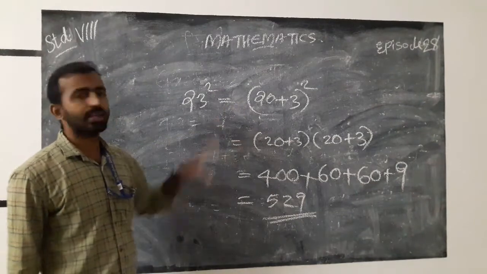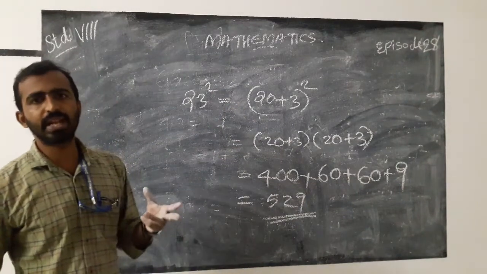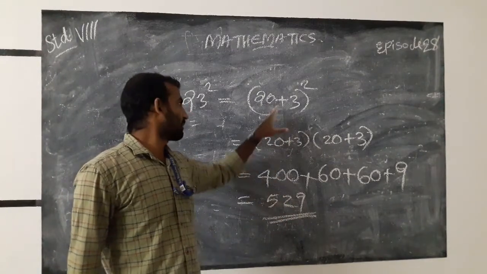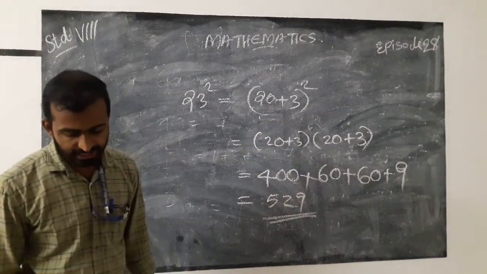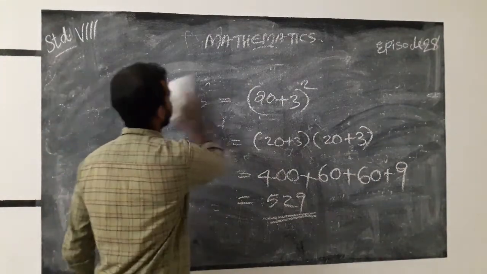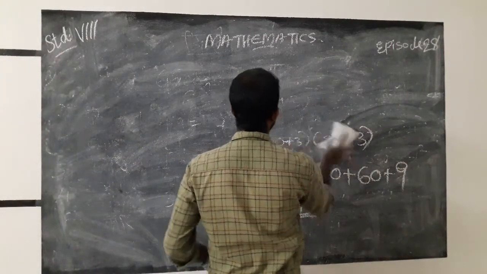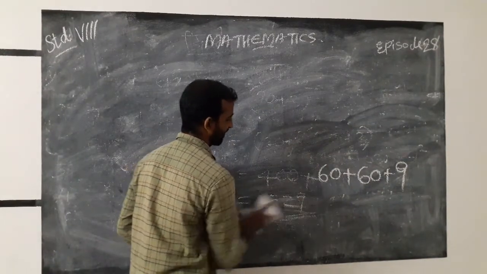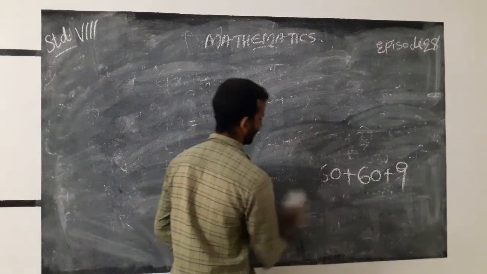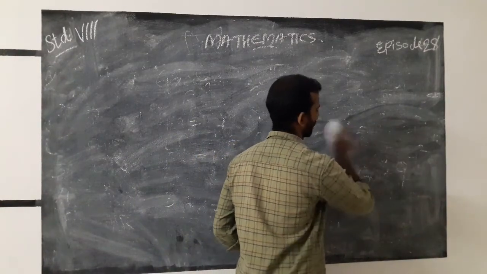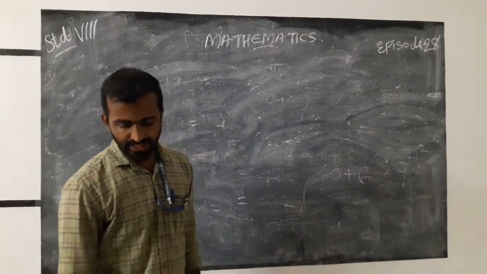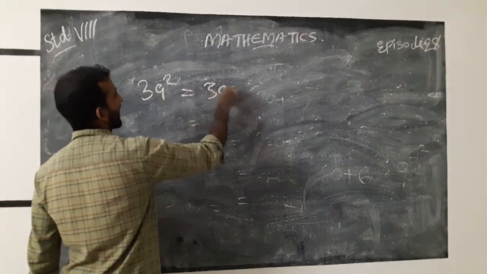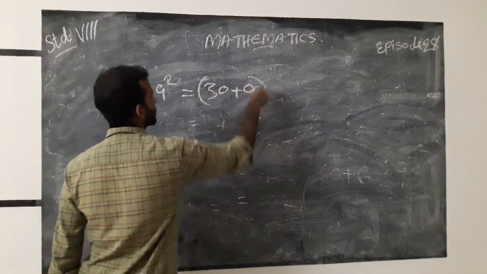That is, when we get the numbers, we split the numbers so that the unit place is 0. For another example, 39. That is, 39 square. We can write it as 30 plus 9 the whole square.